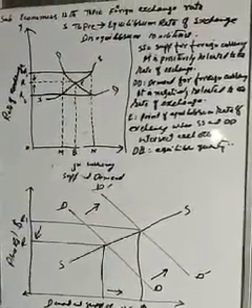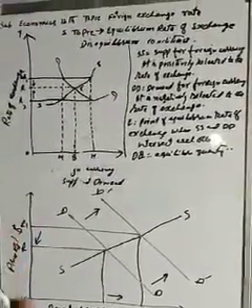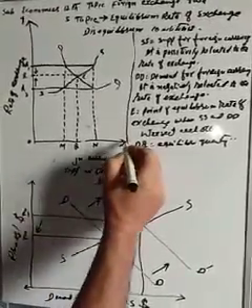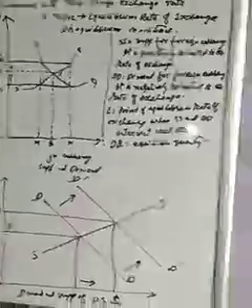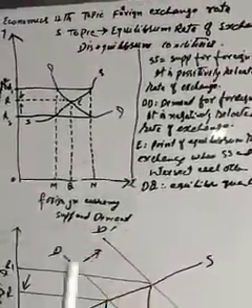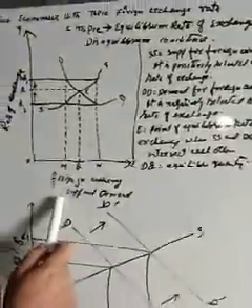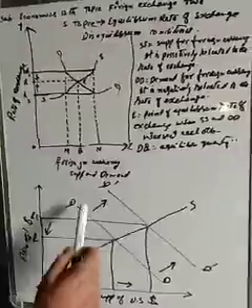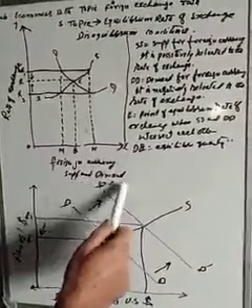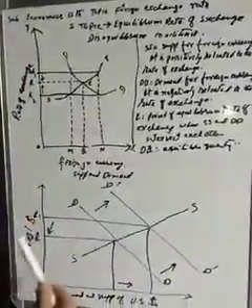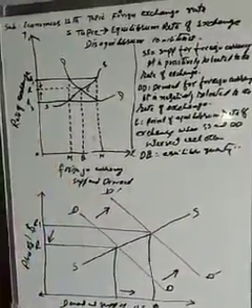From this figure, we have taken foreign exchange currency supply and demand from the OX axis, and from the OY axis it is rate of exchange.